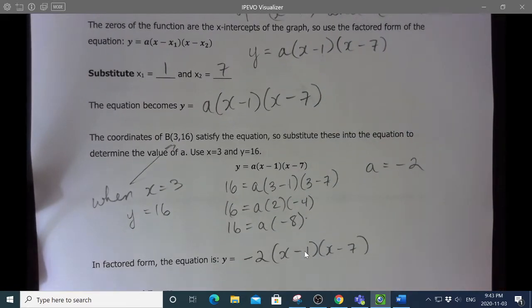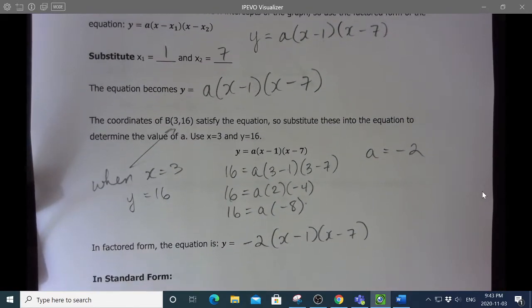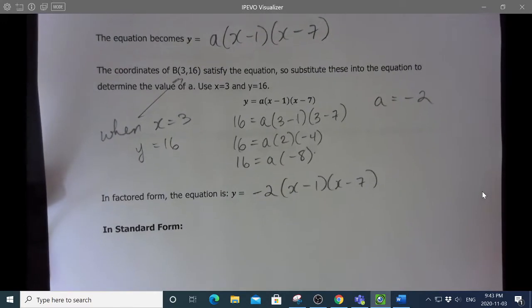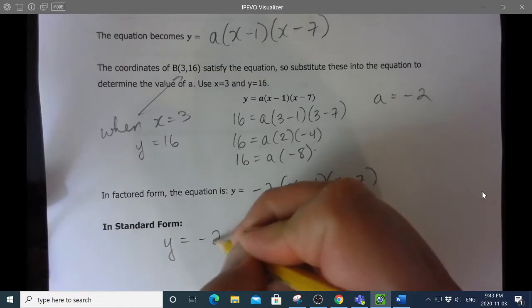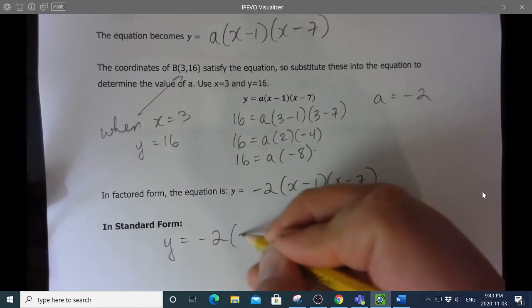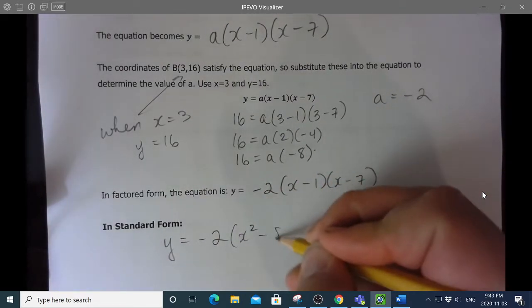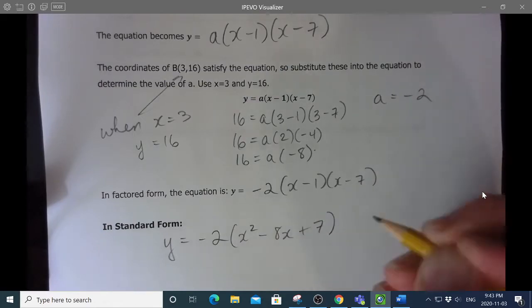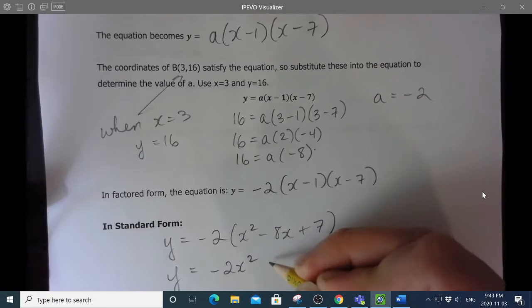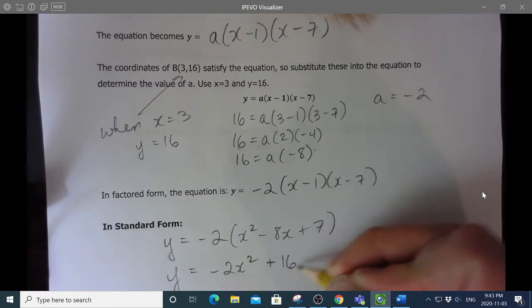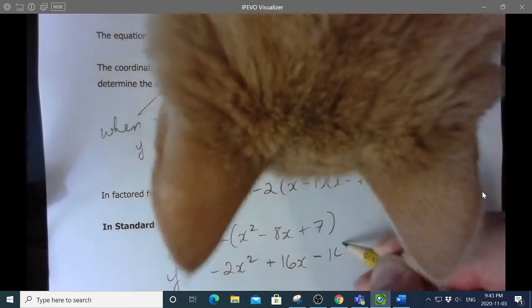So there's the equation in factored form. Let me get the cursor out of the way. So in standard form, all I have to do now is expand this. So that's going to be x squared minus 8x plus 7. So y is equal to negative 2x squared plus 16x minus 14.